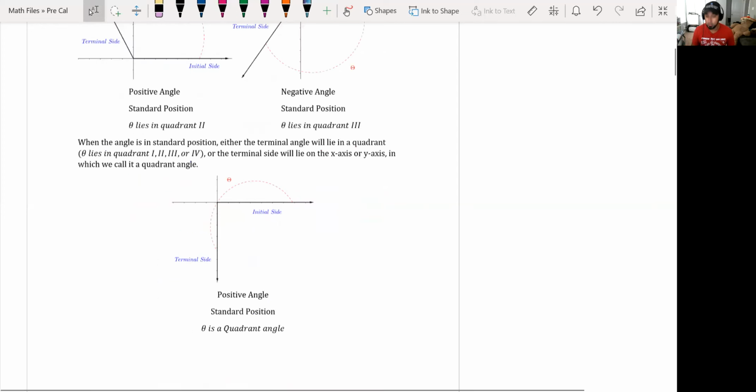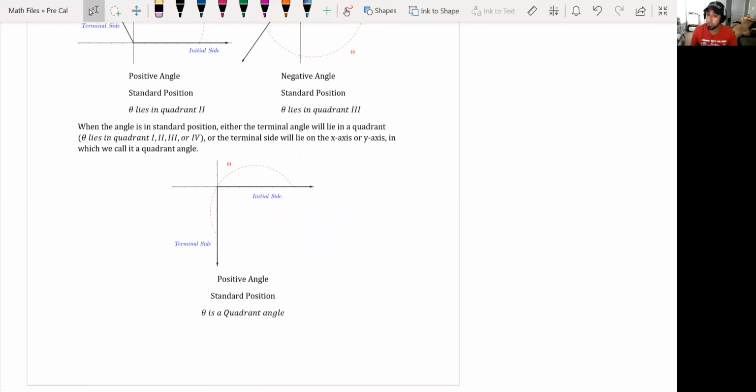All right. When the angle is in standard position, either the terminal side will lie in a quadrant, like the above ones, or the terminal side will lie on the x-axis or y-axis. These are called quadrant angles. So this one is on the y-axis.